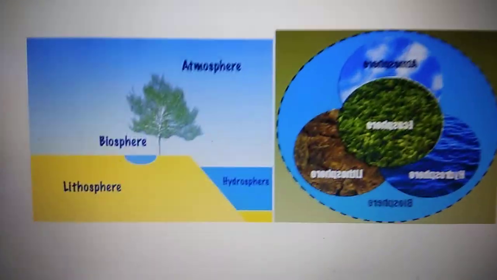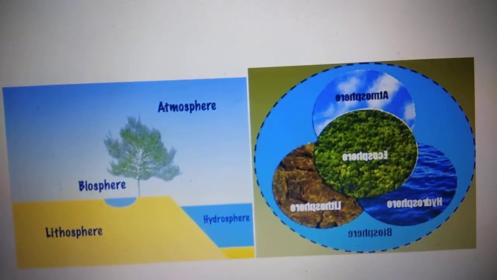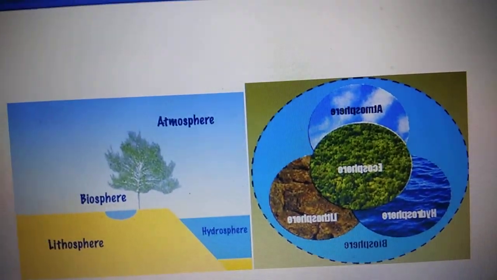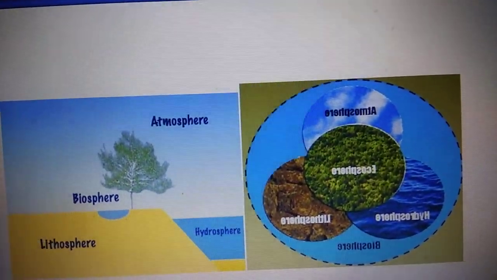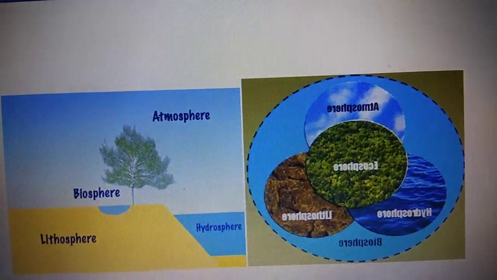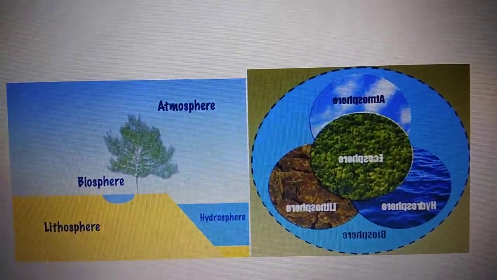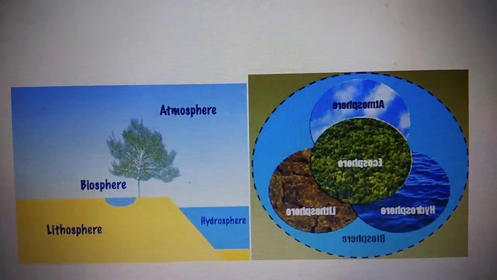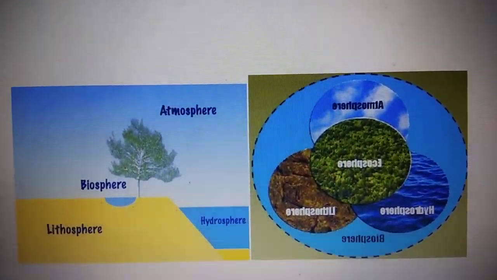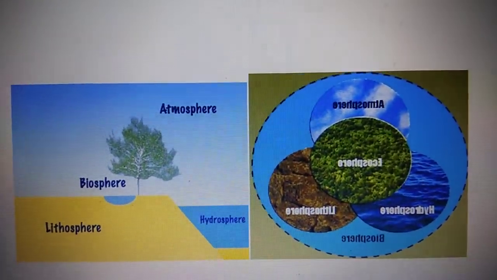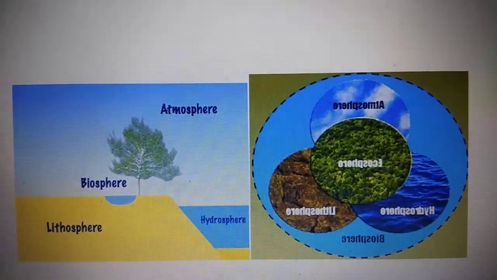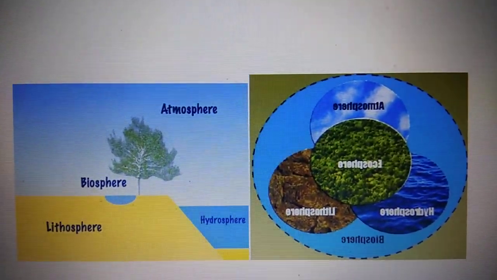Now what is biosphere? It is the narrow zone of contact between lithosphere, that is land on which we are standing, water, all the water bodies, and atmosphere, which is above the land and below the sky. Yes, when they come in close contact, we call that as biosphere.